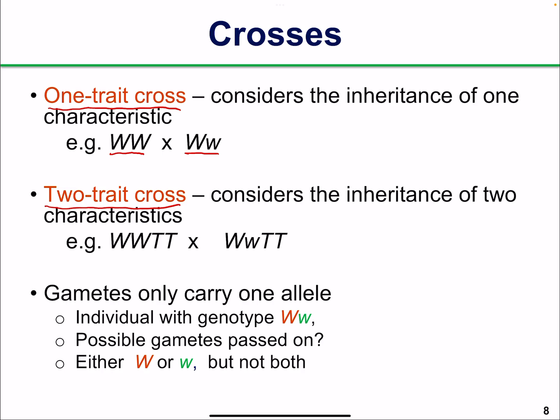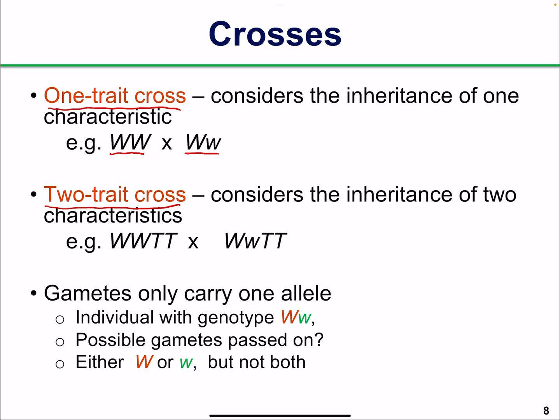We know that in a very simplistic way, each feature is controlled by one gene. So by doing a double cross or a two-trait cross, we are actually looking at two genes, and these genes occurring in different kinds of alleles. Let me close that parenthesis.